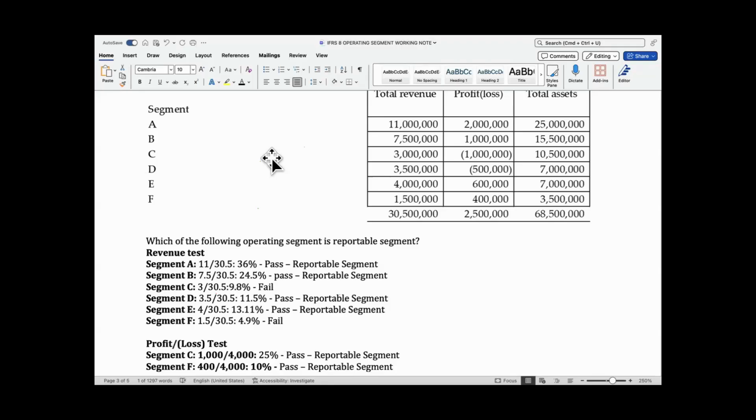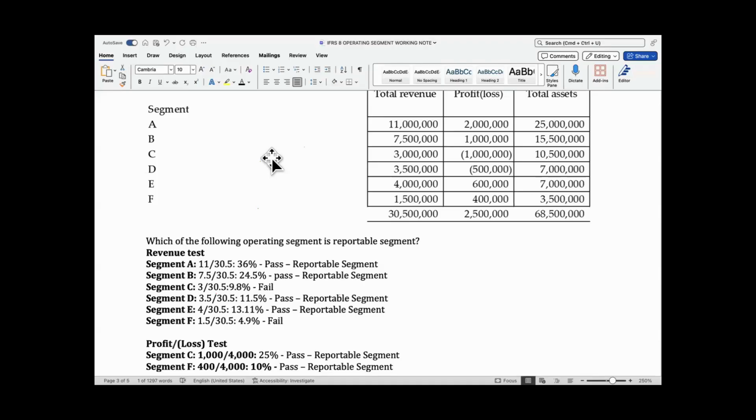The reason why it is okay is because the standard requires you to meet just one of them. So as soon as you identify that one of them is 10% already, then what's the point of doing the others?